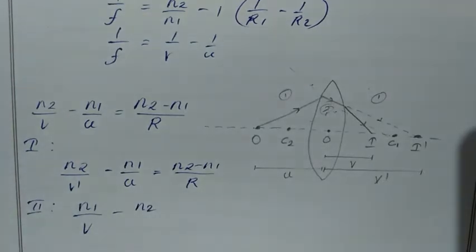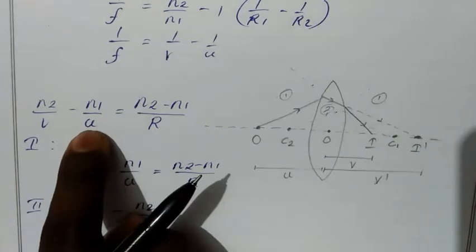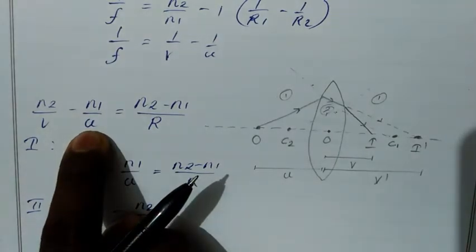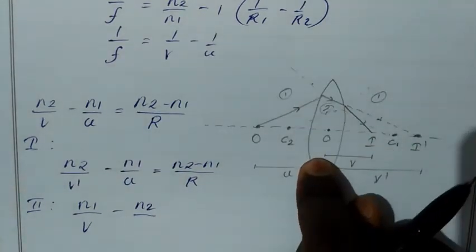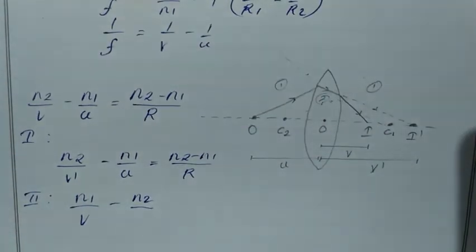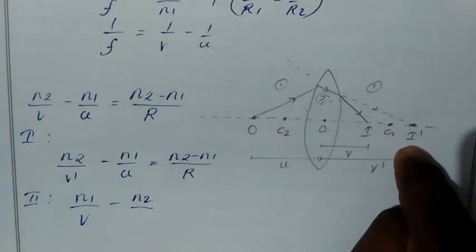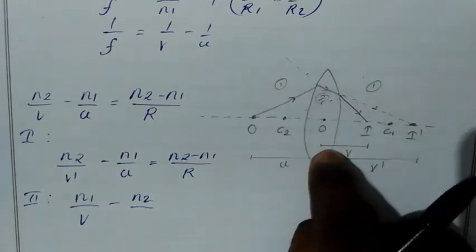So n2 divided by u. U means object distance. Here what is the object? As I said already, the image of the first surface will behave as the object of the second surface. So the image of the first surface is I dash. This I dash will behave as the object of the second surface.